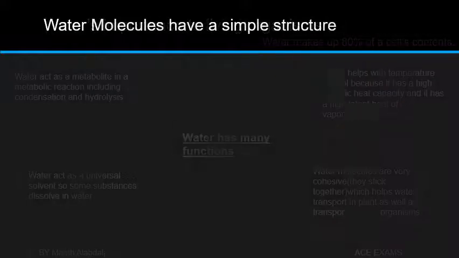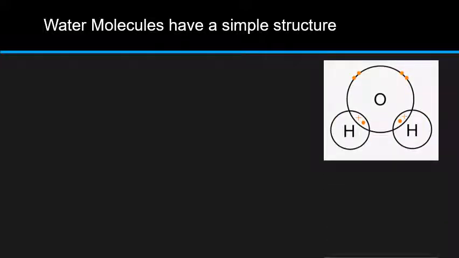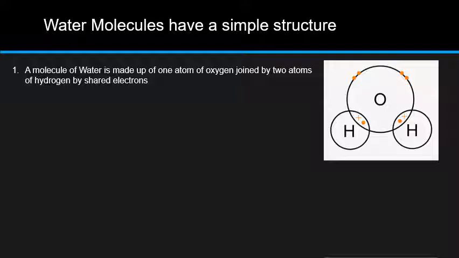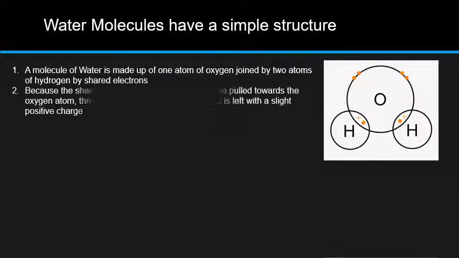Before I start talking about the properties of water, I'm just going to talk about the simple structure of water. So, water is covalently bonded. It's a covalent bond between hydrogen atoms and the oxygen atoms. So a molecule of water is made up of one oxygen atom joined by two atoms of hydrogen by shared electrons.